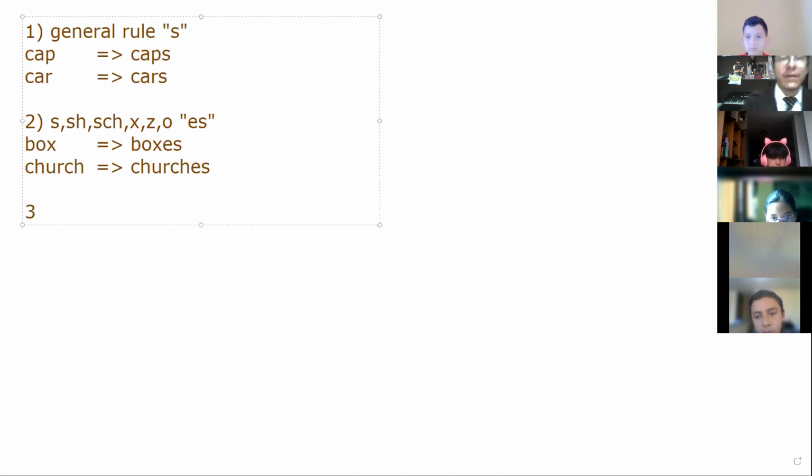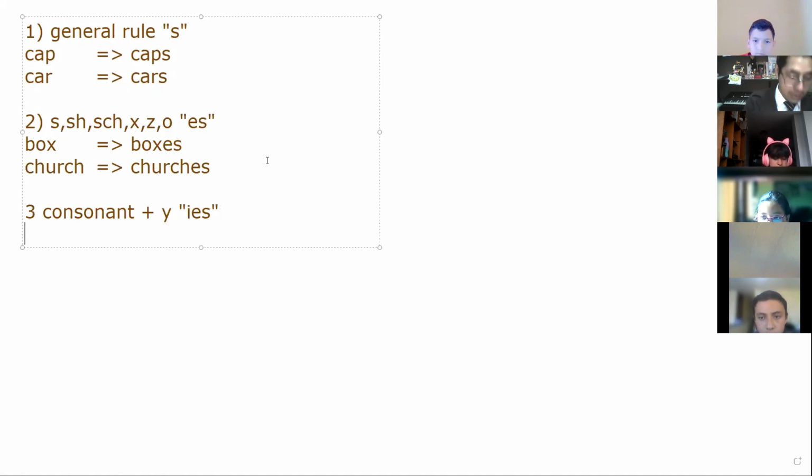Now, what's the third rule? When you have a consonant plus Y at the end, you have to add ES. So instead of Y, you have to add I, like diary.